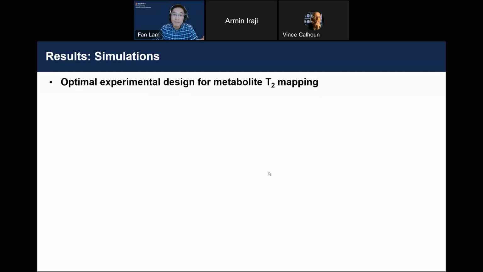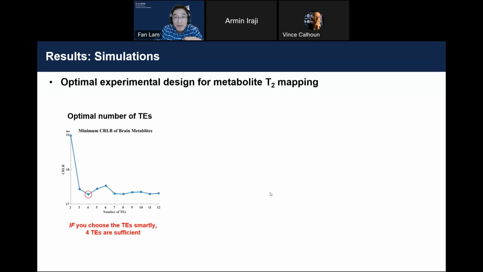You can also optimize acquisition for T2 mapping, to map the T2 of different metabolites. Is it necessary that more TEs help you achieve better performance? The answer is actually no. If you look at this CRLB, Cramér-Rao lower bound, analysis, which minimizes the T2 estimation error of NAA, creatine, and choline, the optimal number of TEs that you should choose in an equivalent-time fashion is actually 4.